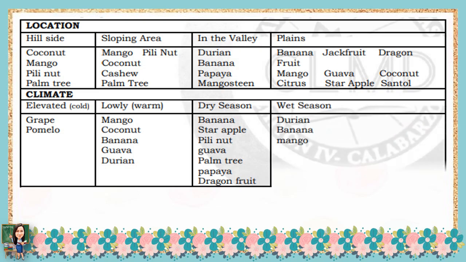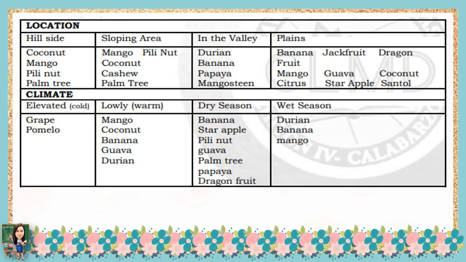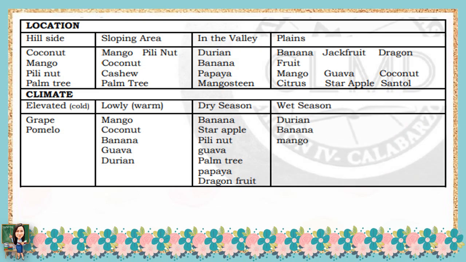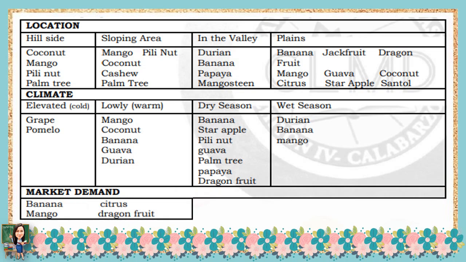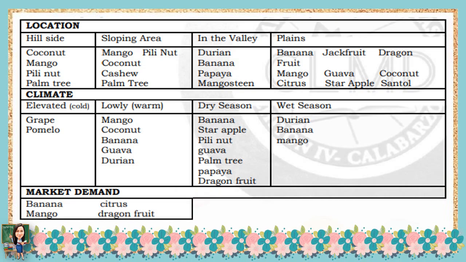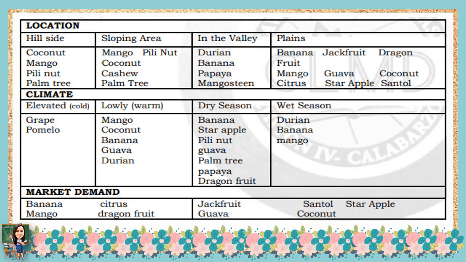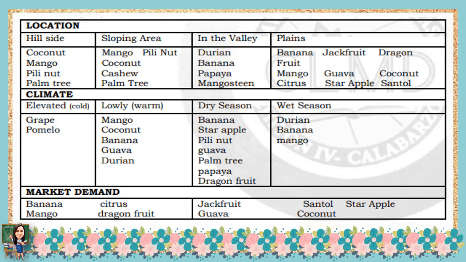If the climate is wet season, you can plant durian, banana, and mango. The market demand are banana, mango, citrus, and dragon fruit. Other market demand are jackfruit, guava, santol, coconut, and star apple.